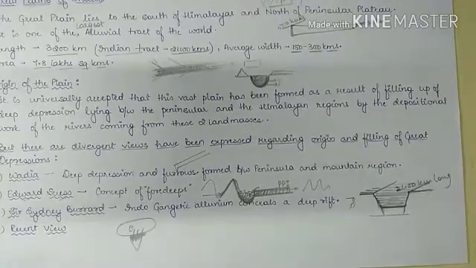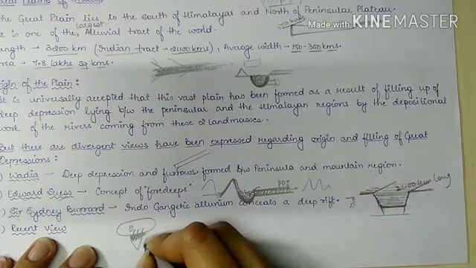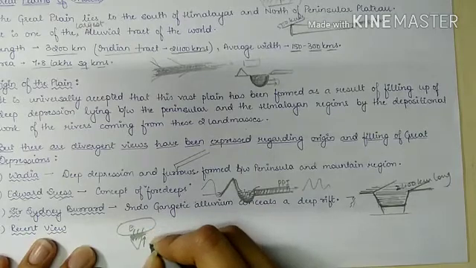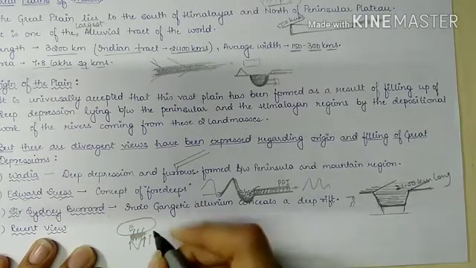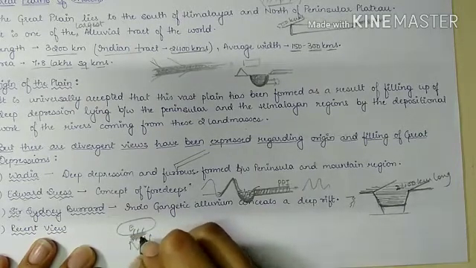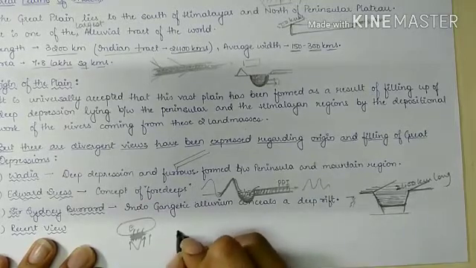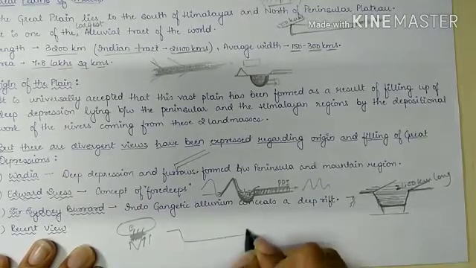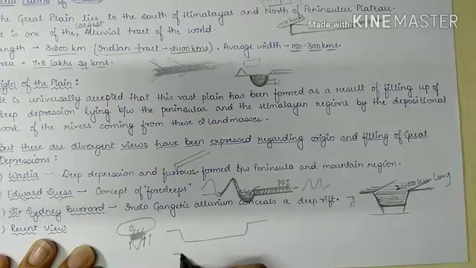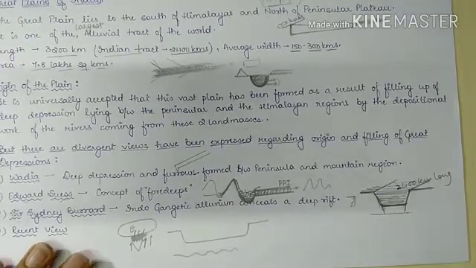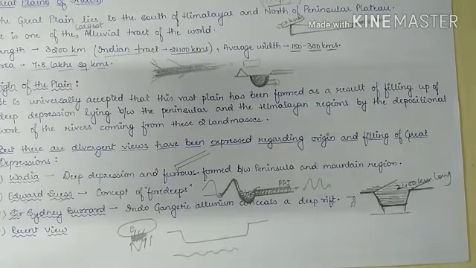Now the bed of the Tethys Sea was folded and warped due to the northward drift of the peninsula. This peninsular region shifted northward, and because of the compressional force, the Tethys Sea started folding. Because of the folding, the Himalayas were formed.